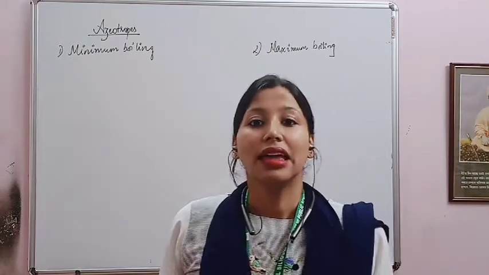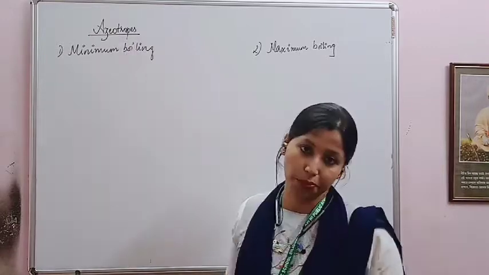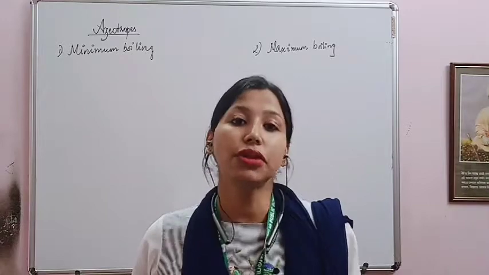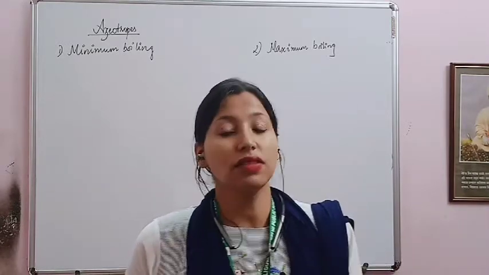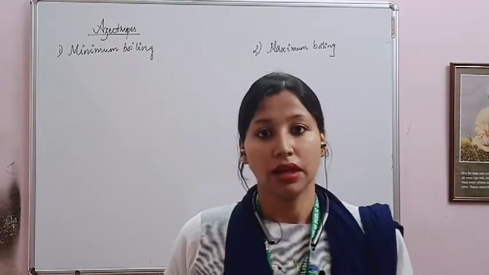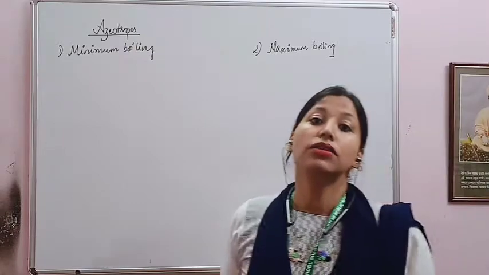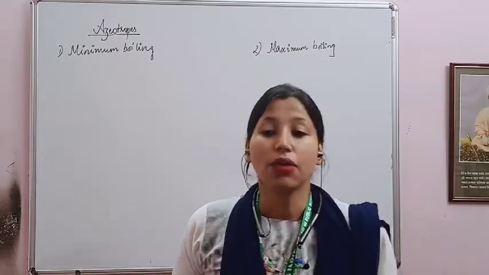So the next topic that we will discuss is azeotropes. Before we discuss azeotropes, we have to recall something that we know, that is boiling temperature, because I've written here minimum boiling and maximum boiling. So we need to understand what boiling temperature is.